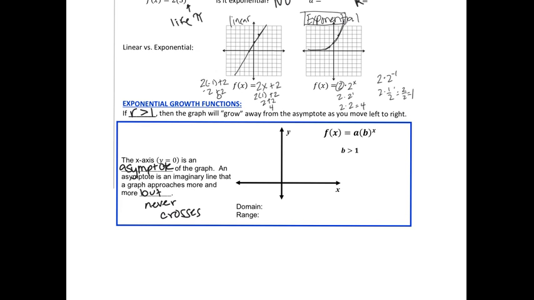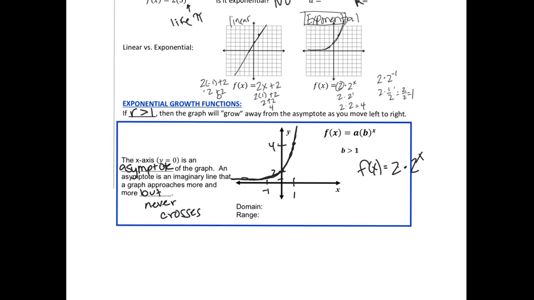Here we have a function. I guess we'll just use the same one from the top: f of x equals 2 times 2 to the x power. When x was 1, we were at 4, and when we were at -1, we were at 1. This is how our graph looked.